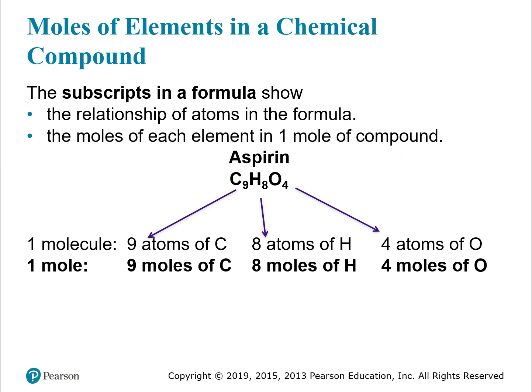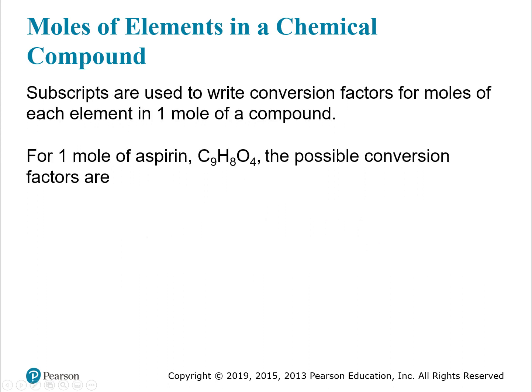Atoms versus moles. But why do we care about that? We care about that because we can use that information about the compound to write conversion factors. So for 1 mole of aspirin, we have a lot of possible conversion factors.